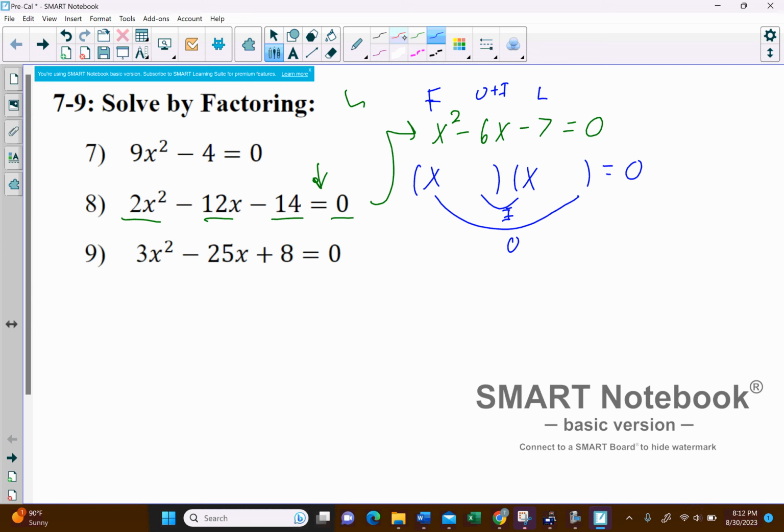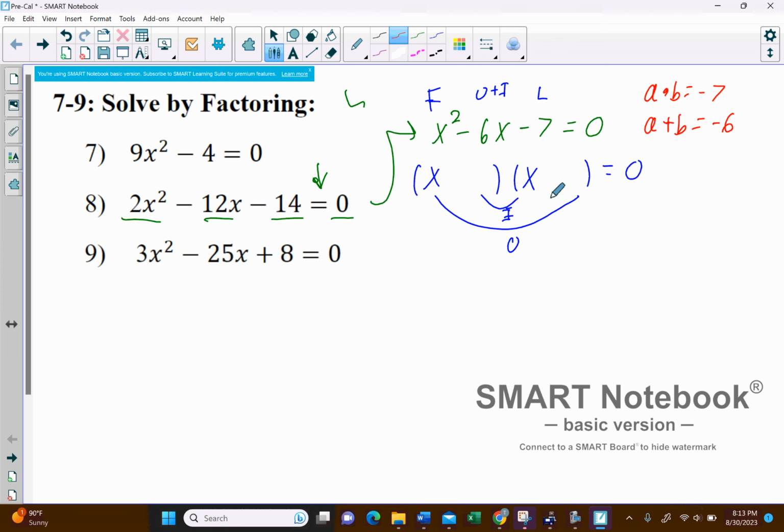So what that tells me is that what we're trying to do here is figure out what two numbers, I'm just going to call them A and B, multiply to give me negative 7, but at the same time, A plus B, these same numbers I'm looking for, need to add up to negative 6.